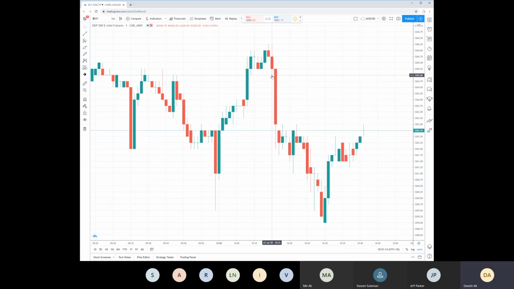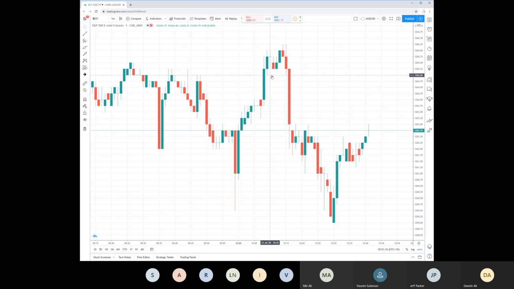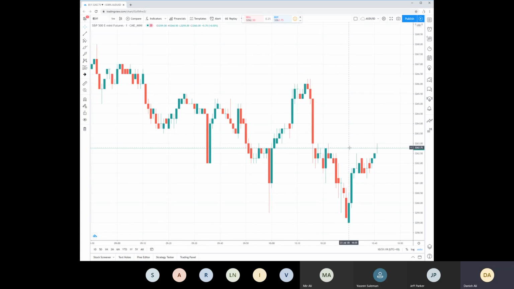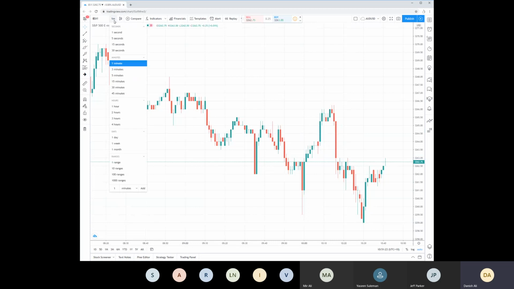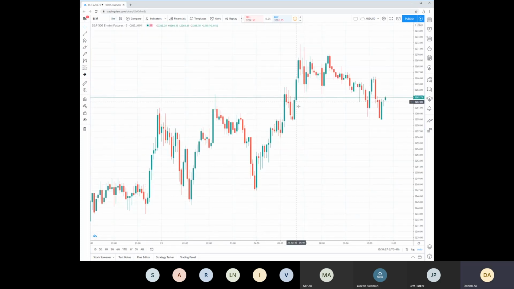So people who are intraday traders actually trade on 1 minute or 5 minute charts, and they usually ride the wave based on the candlestick pattern.